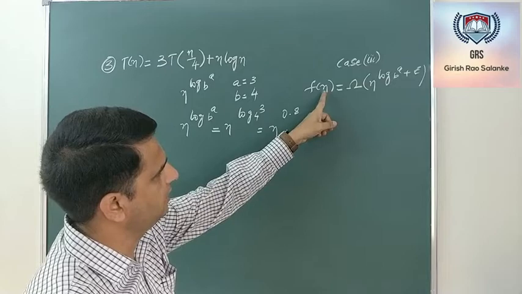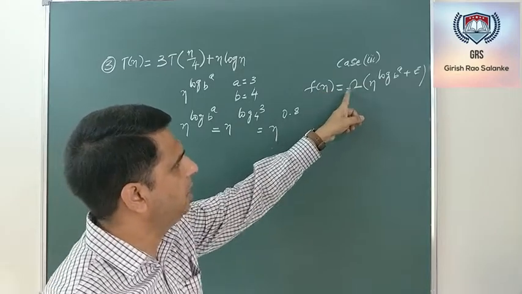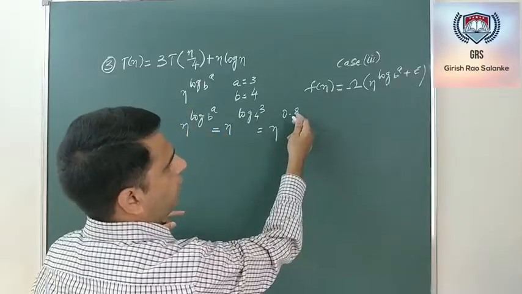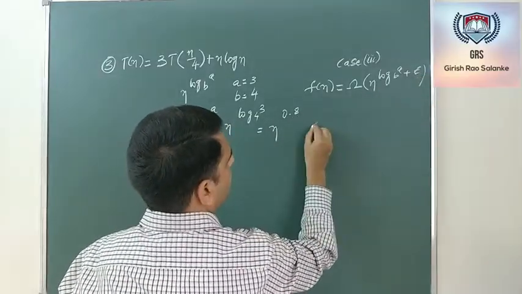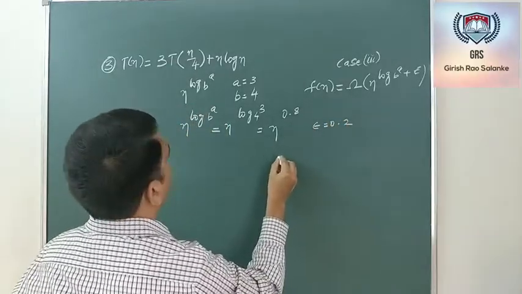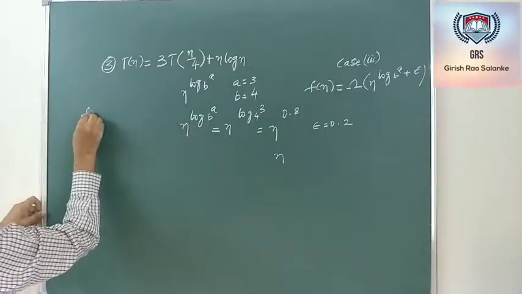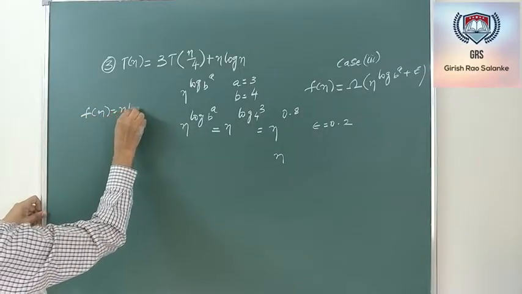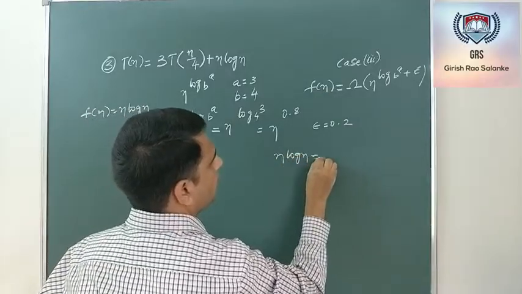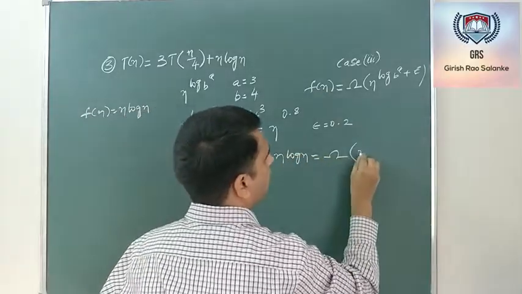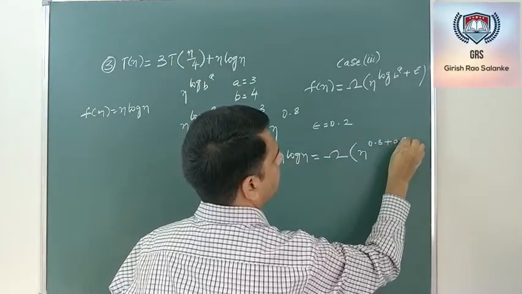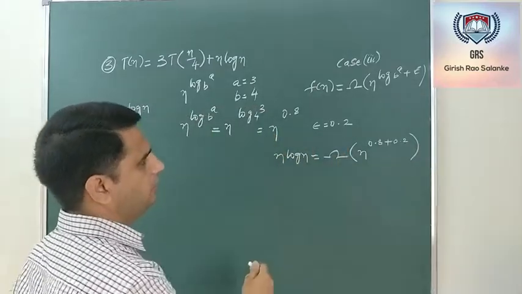Now I'll see whether f of n is big omega of n to the power of log a to base b plus epsilon. Even if this is 0.8 plus epsilon, let epsilon be 0.2. So in this case, what was my f of n? f of n was n log n. So n log n is equal to big omega of n to the power of 0.8 plus 0.2, that is, epsilon as 0.2.